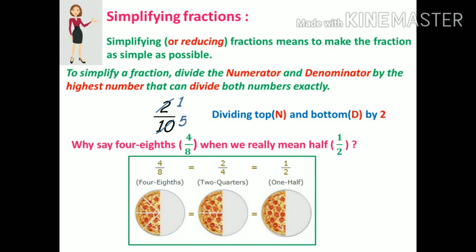In the second figure, we write it as 2 upon 4, and the third figure shows 1/2 of the whole. It is nothing else, just the simplest form of 4 upon 8. So 4 upon 8, when simplified, we get 1 upon 2 as the fraction.